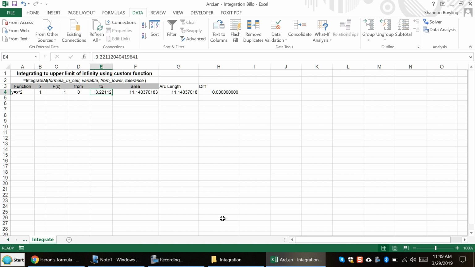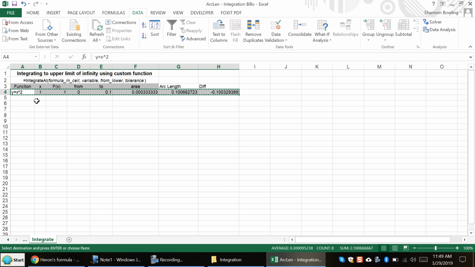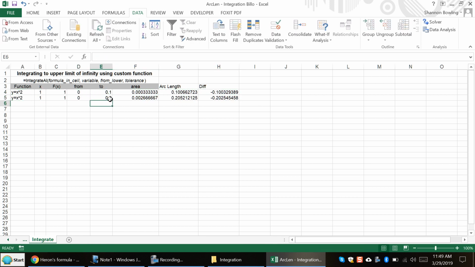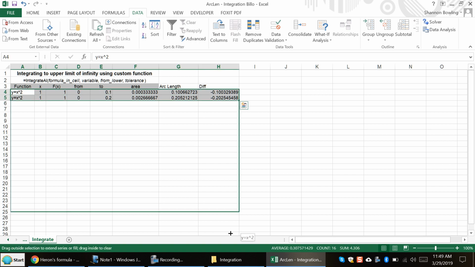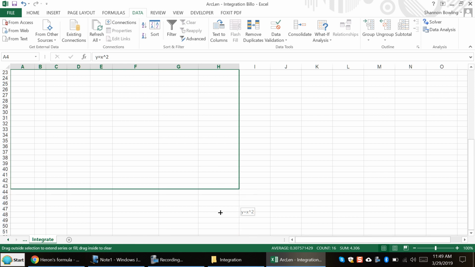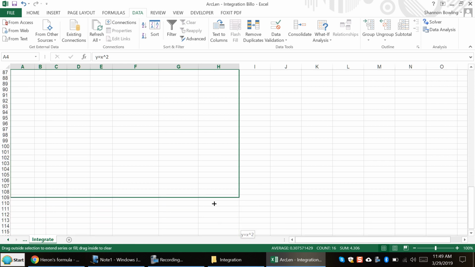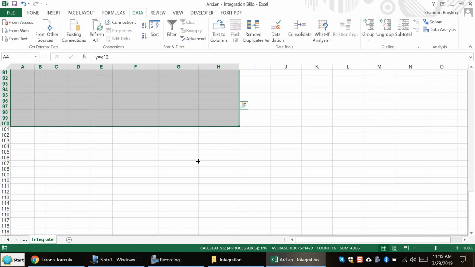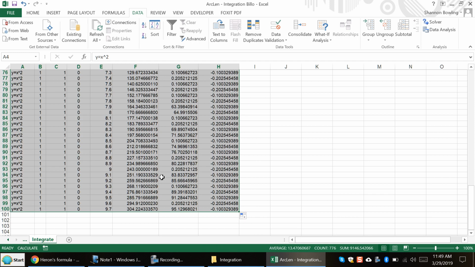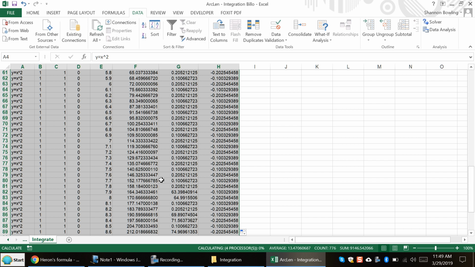Okay. So I'm going to show you what the graph looks like. I'm going to start off at point 1, copy this, paste it here, and then change this to like point 2, and then drag down to 100 or something. I probably didn't need to go that far.